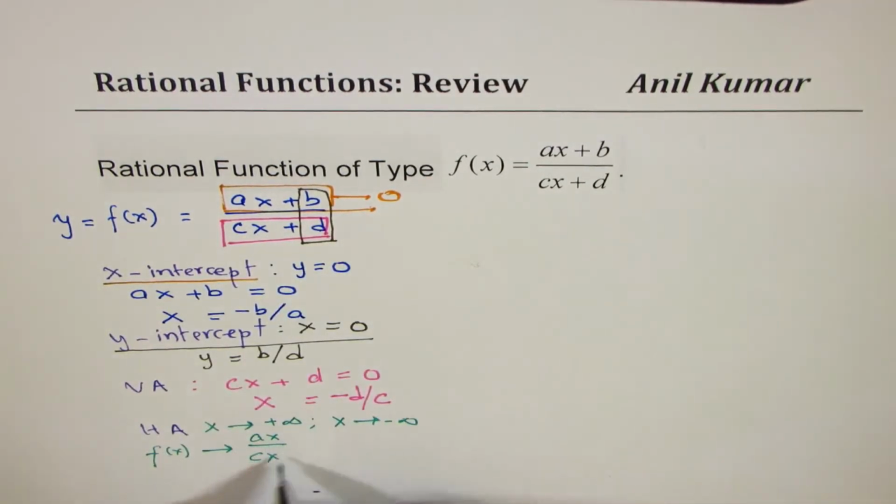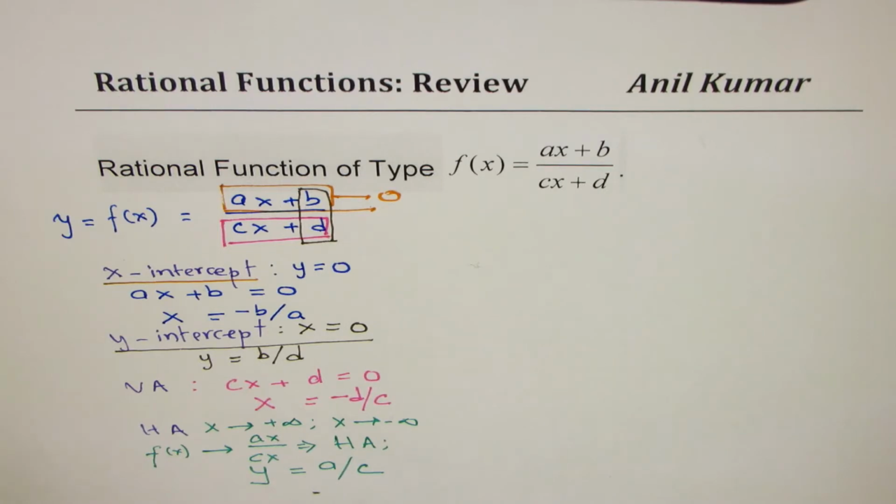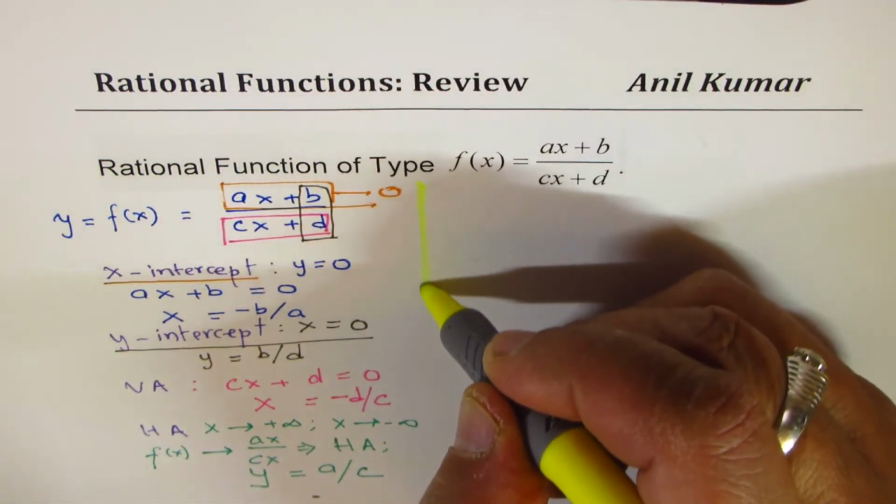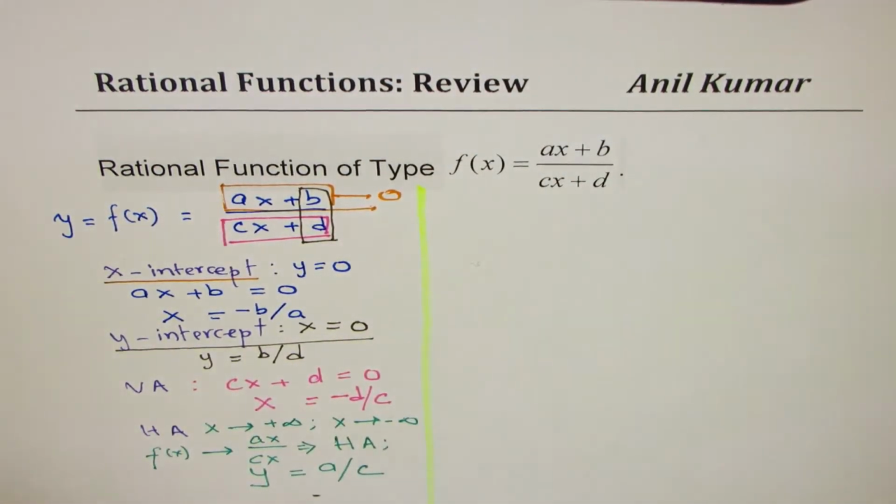If you simplify this, you get a over c, right? Since it's horizontal, the y value is constant, so y equals a over c. Do you get an idea? So it's so easy to find all these values from the given function. And once you know these values, you can easily sketch the graph, right?